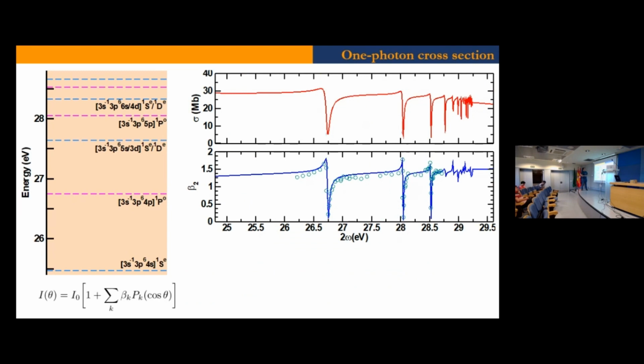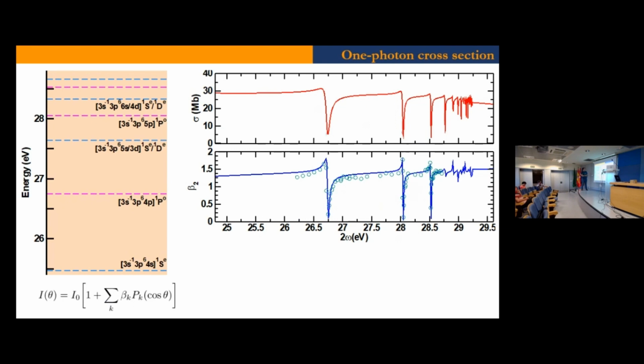This is the 1-photon cross section, so omega ionization, with the cross section in the upper panel and the beta 2 parameter in the lower panel. The green curve is barely visible, but these open circles are synchrotron radiation experiments, which lie just above our beta 2 parameter. So we got a very good description of the process.